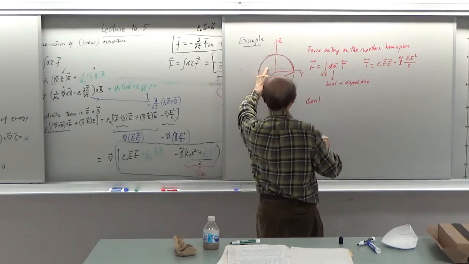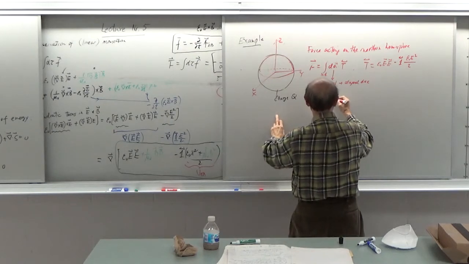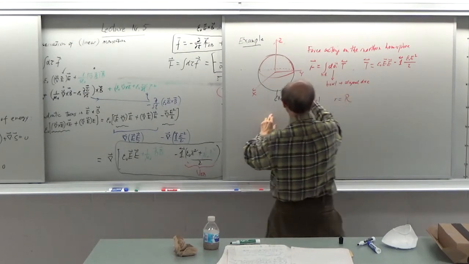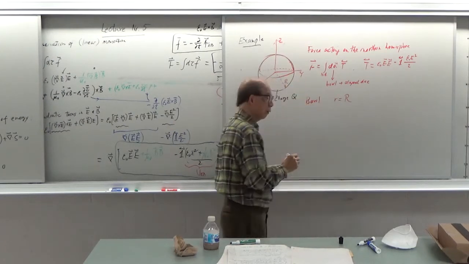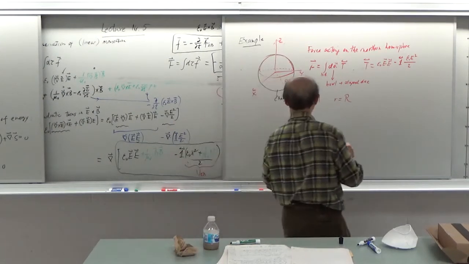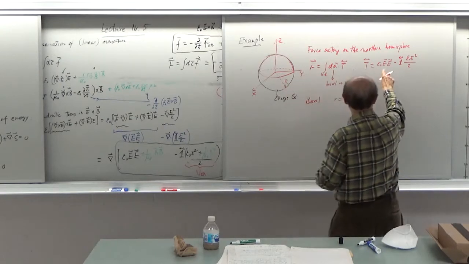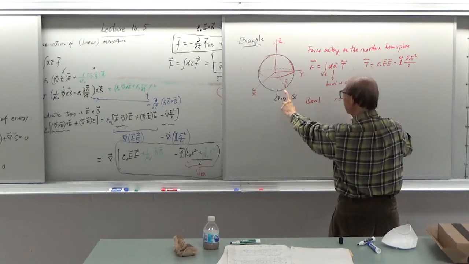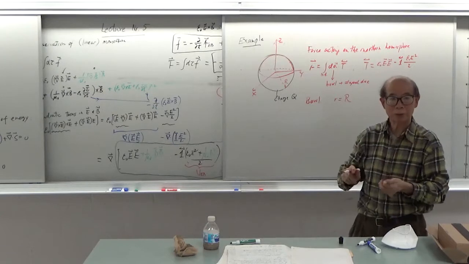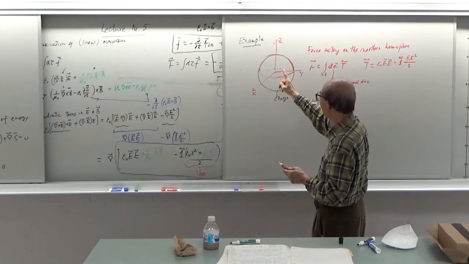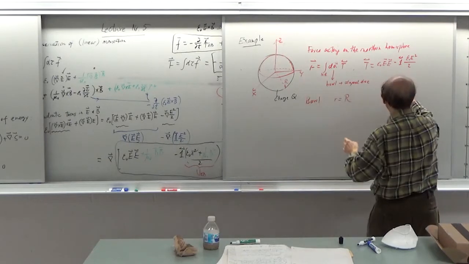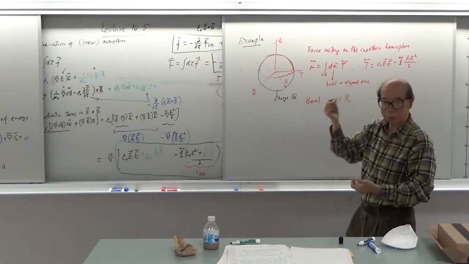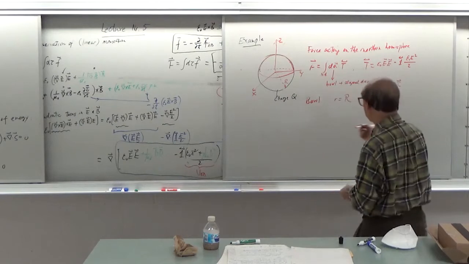On the ball, R is just the radius of the sphere, and obviously this problem has symmetry, namely symmetrical around the z-axis, so that F can only have a non-vanishing z component.